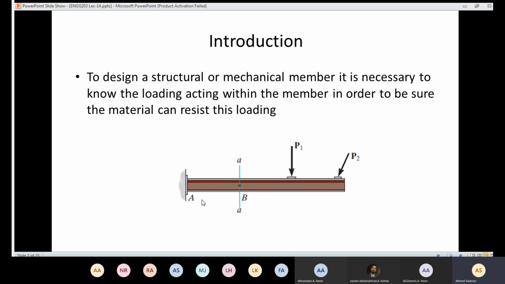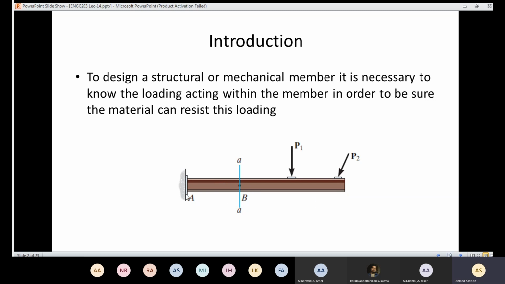But as a designer, I need to make sure that the material here can resist the loading at all the points. So I need to make sure that the material that I'm going to use is going to resist the loading. So in order to do that, I need to know the internal loading inside the structure.